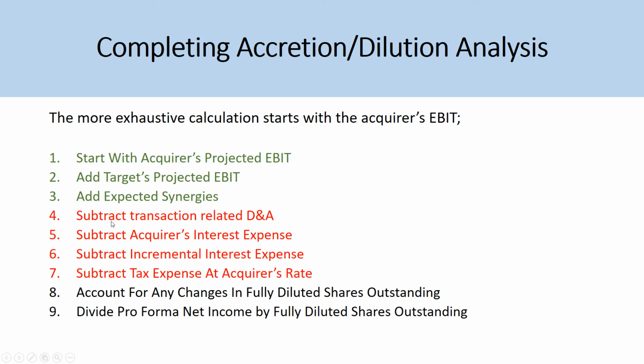Now, the existing acquirer's depreciation and amortization is already accounted for because we're starting at EBIT, not EBITDA. Right? So the only thing that could really impact this is any new transaction-related depreciation and amortization. And then you can just take away tax, and then you get your net income, right? So that's how you calculate pro forma net income, the more exhaustive way of doing it.